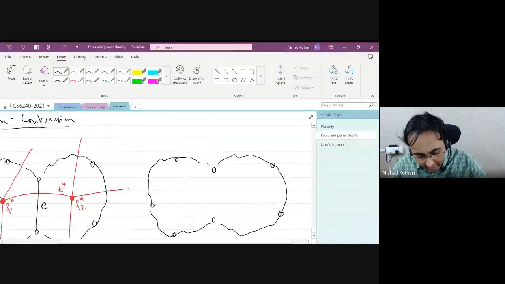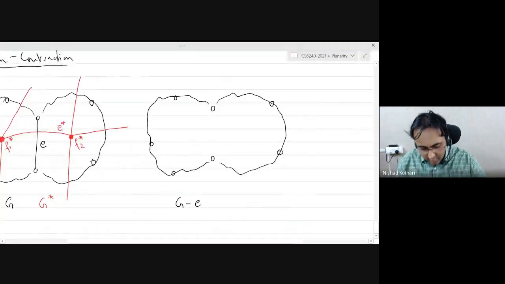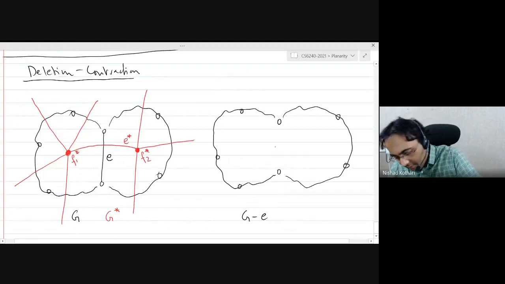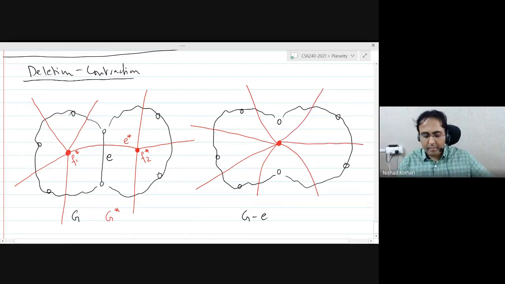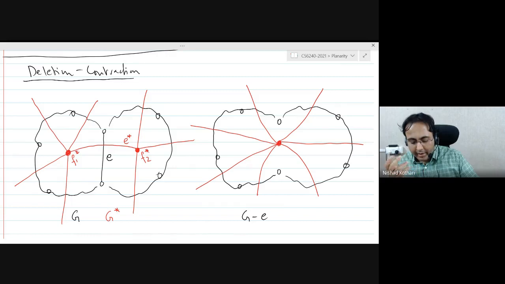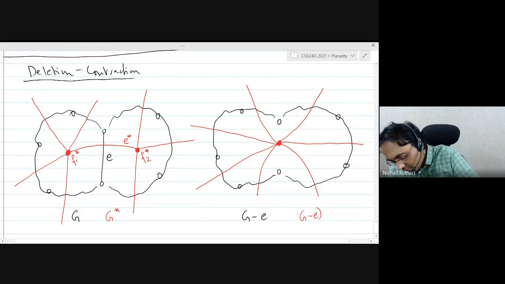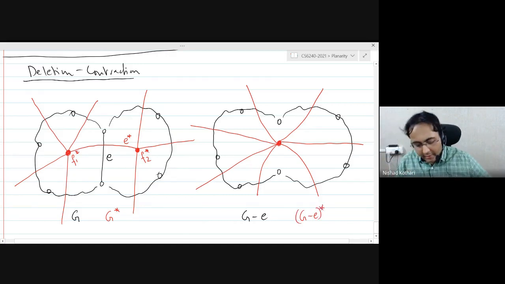Okay, and let's draw the dual. So now I have a single vertex here, and it has edges like this. Is there another way to think of the dual? How can I relate this new red graph, the dual of G minus E, to the original dual G star?